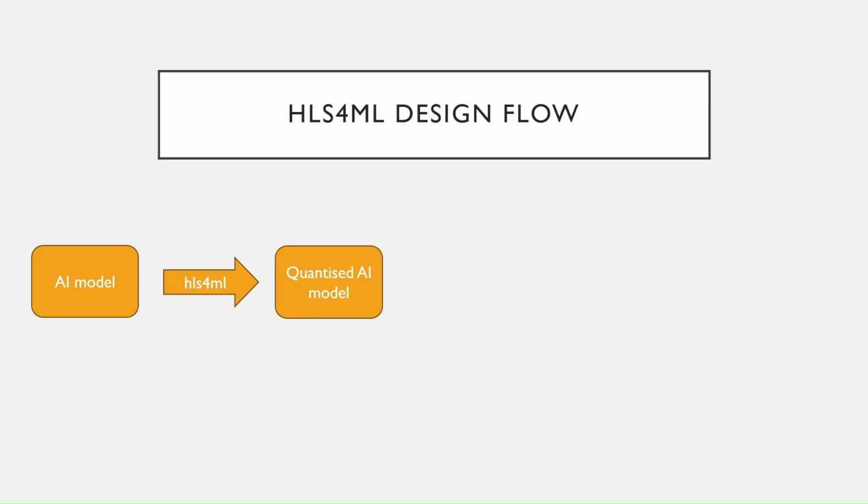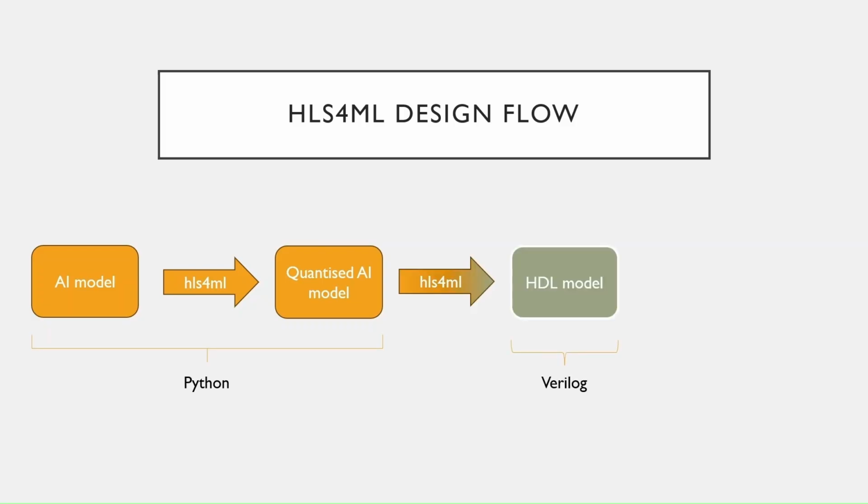Quantization is needed to transfer from floating point precision into fractional fixed point precision. This quantized model is then translated into an HDL model in Verilog. Xilinx is then used to implement the HDL model and generate the bitstream needed for the accelerator.